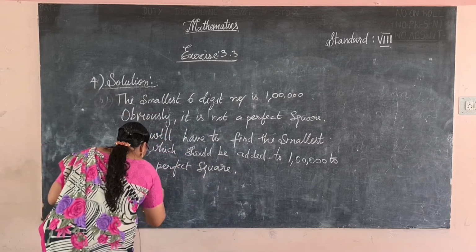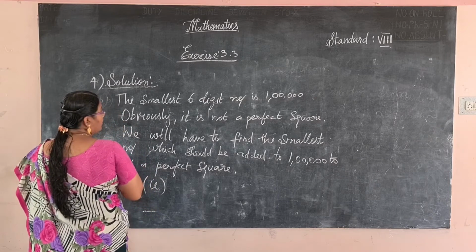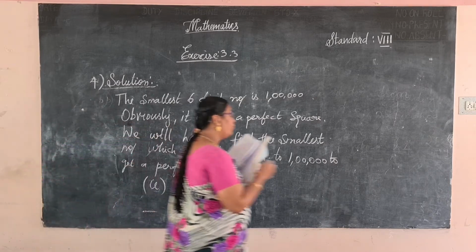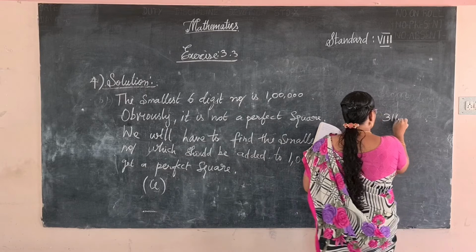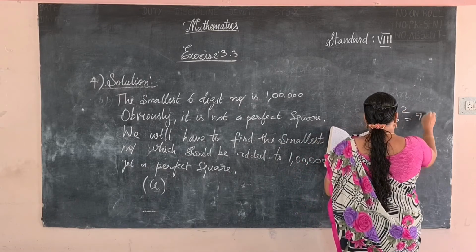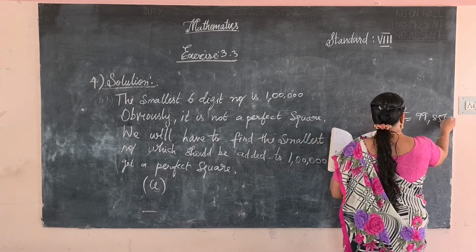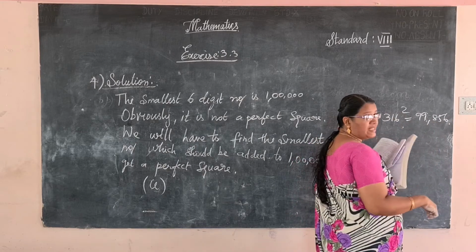That is, the square value of 316 squared is equal to 99,856, which is less than 1 lakh.